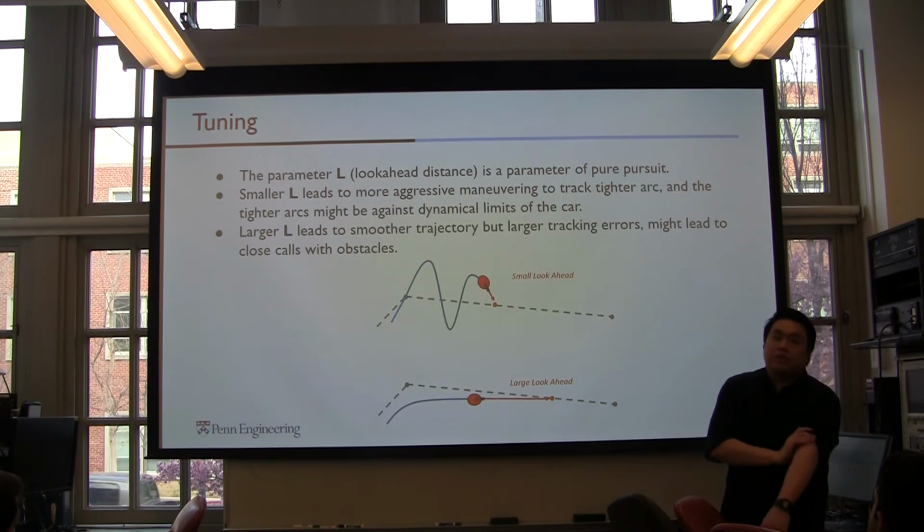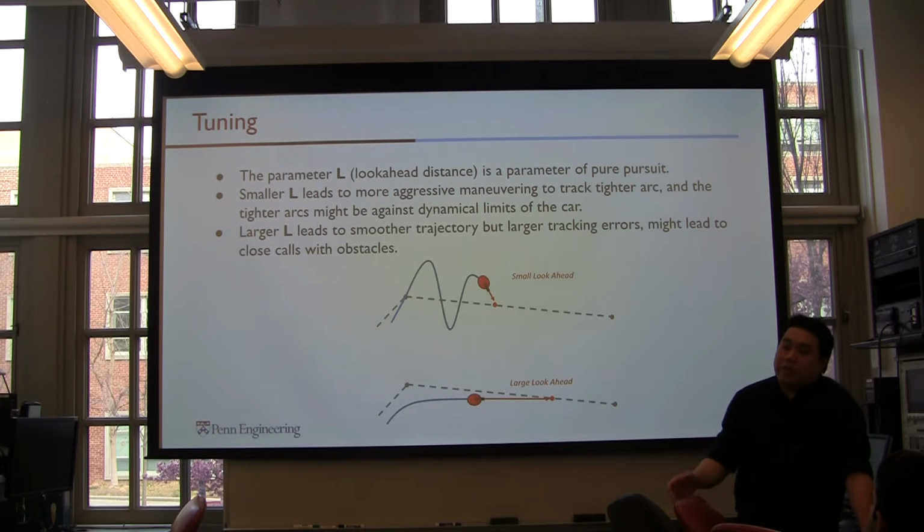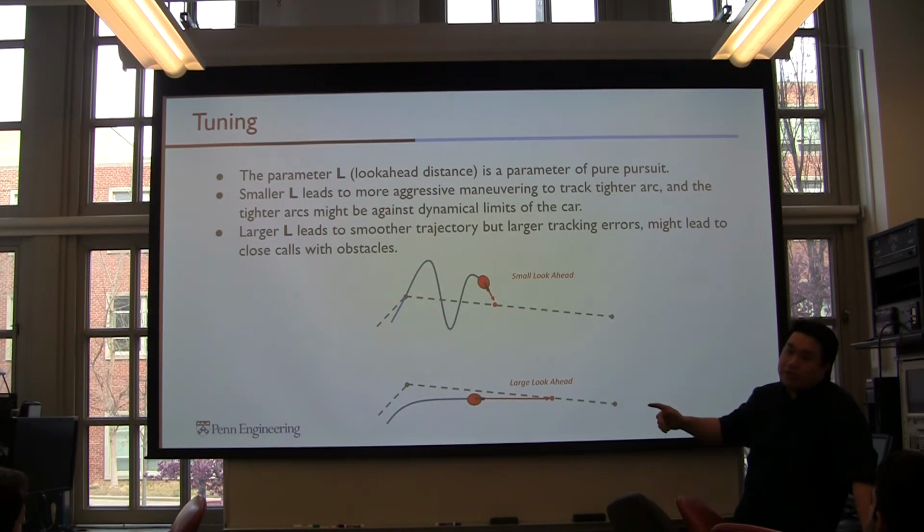All right, so tuning the pure pursuit. There is only one parameter, as we discussed before, the look-ahead distance. So basically, a smaller look-ahead will lead to more aggressive maneuvers.